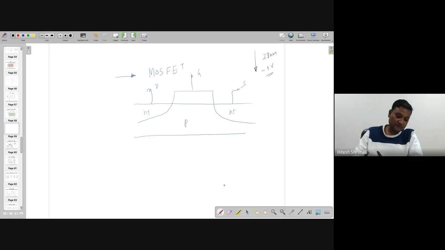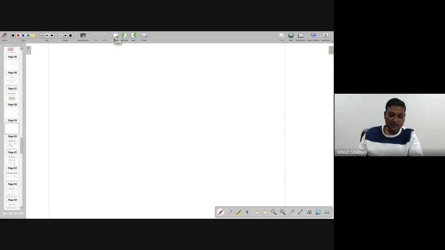However, there is one more class of memory, which is non-volatile memory, where we don't need this kind of transistor, but another kind of transistor whose name is floating gate transistor, which looks like this.